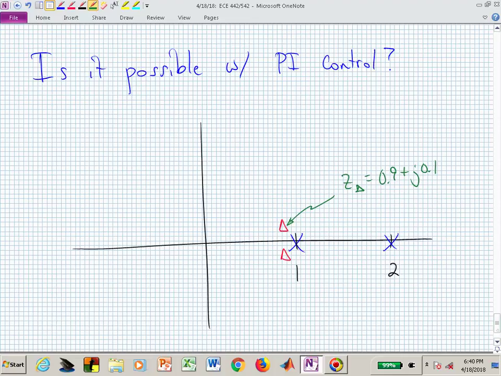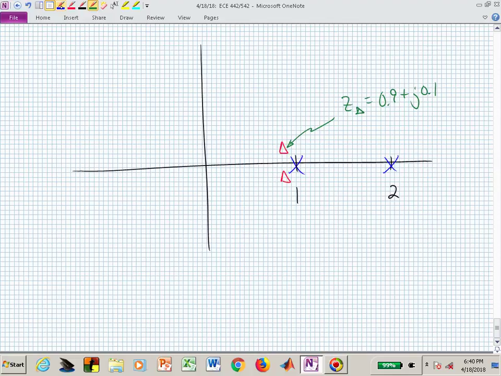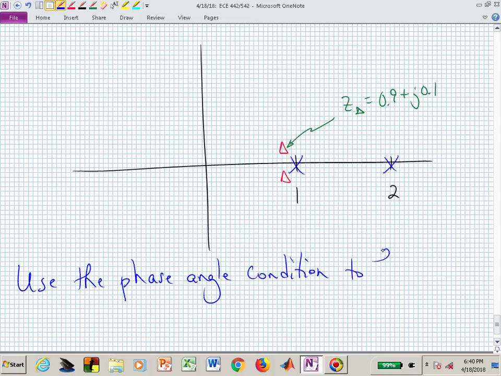So let's now use the phase angle condition to find beta, where beta is the location of our zero.